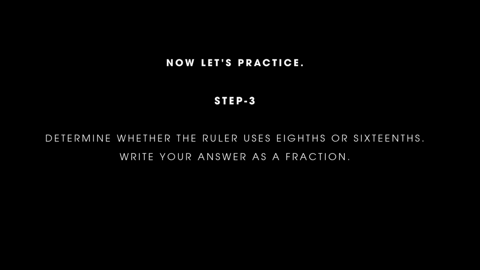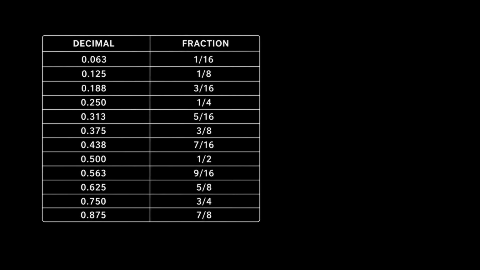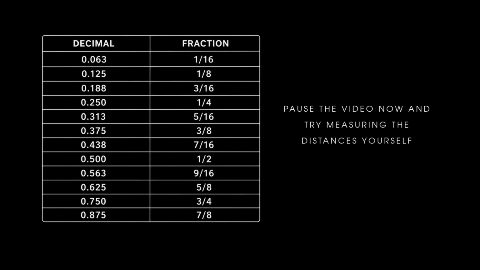Determine whether the ruler you are using has eighths or sixteenths divisions. For the points you have marked, A, B, C, and D, write down your answer as a fraction according to the tables that I have given earlier in this video. You can pause the video now and try measuring the distance yourself. This exercise will improve your ruler reading speed and accuracy.